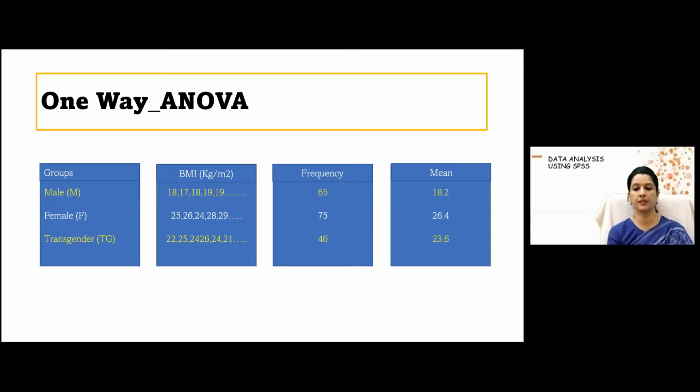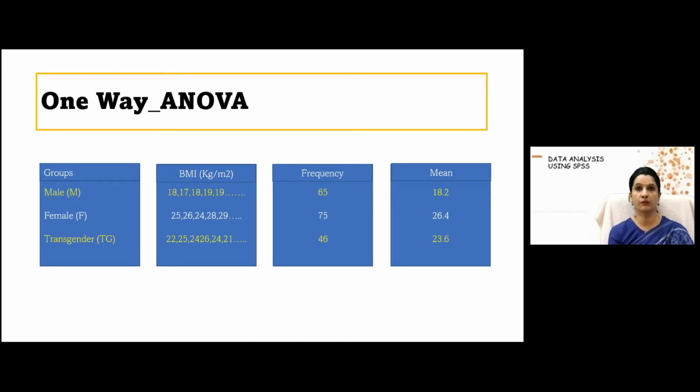This is the mean BMI of male, this is the mean BMI of female, and this is the mean BMI of transgender. If you take an overall mean, 18.2 plus 26.4, 23.6, take a mean of all these three groups, and then you measure the deviation of this group mean from the individual group mean, and then square it. That is the between group variance.